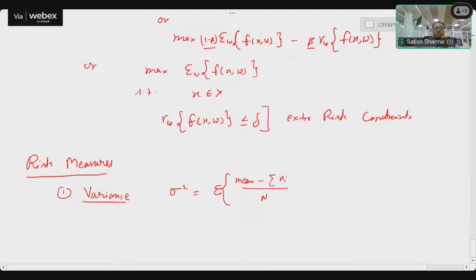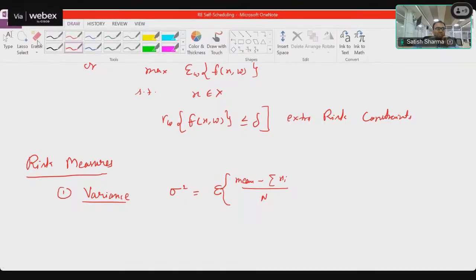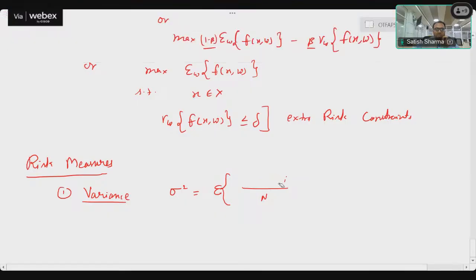So what was the formula for variance? I think the summation should come in front. It is basically the mean minus xi divided by n, summed over i.